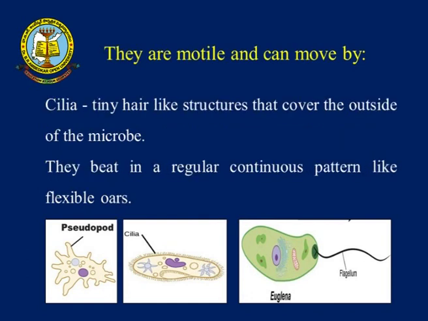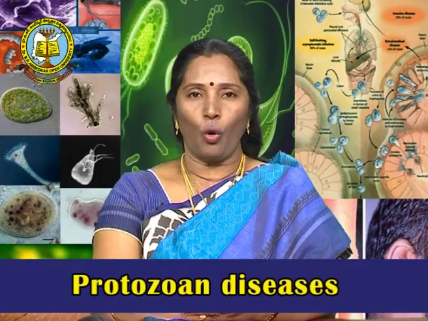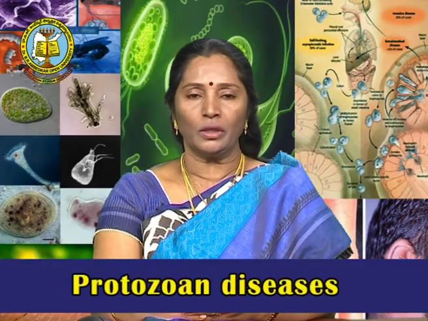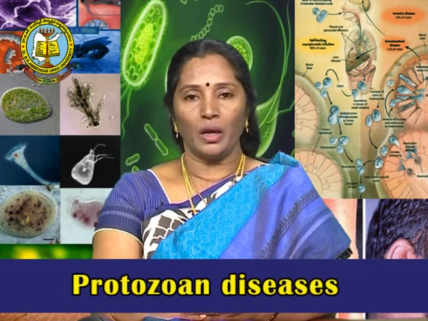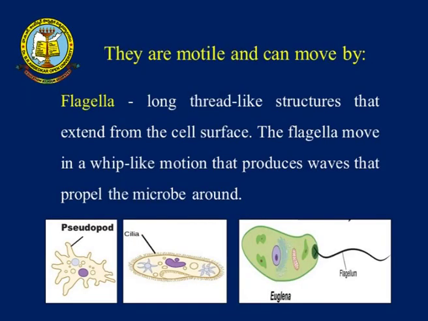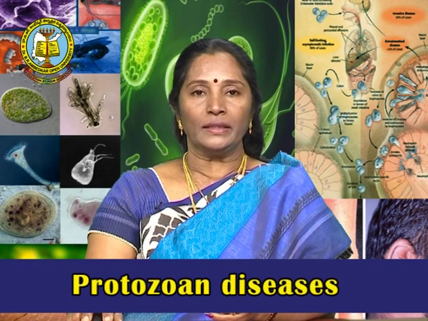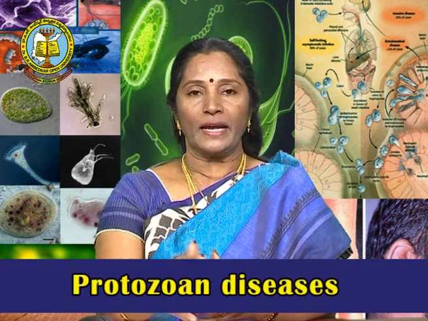Then cilia, tiny hair-like structures that you find in the paramecium, which beat in a regular continuous pattern like flexible oars, like the oars of a boat. So, that is the ciliary type of movement. The next one is flagella, which are long thread-like, or rather whip-like structures, which help in motion by producing waves that propel the microbe around. So, these are the three types of motility that they have.